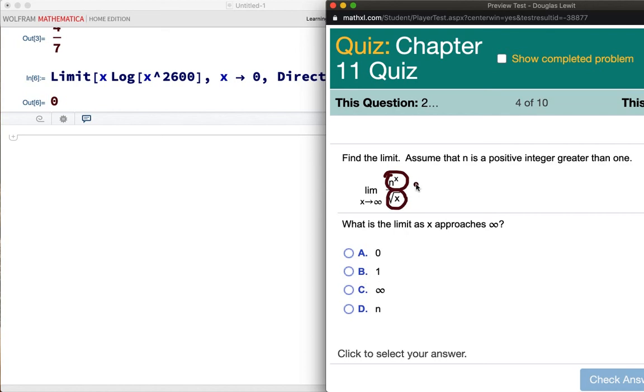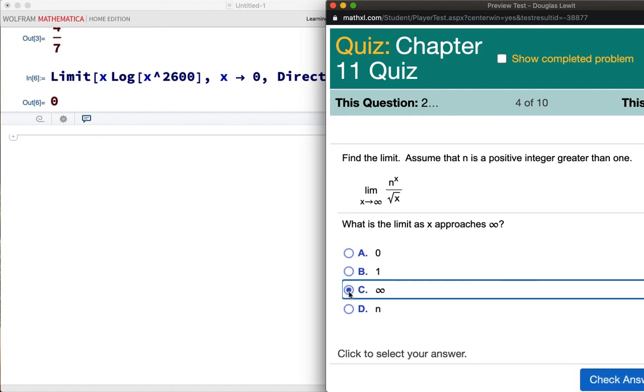Whereas the function in the numerator could be 2 to the power x, 10 to the power x, 100 to the power x. Remember that n is any integer greater than 1. These functions grow extremely fast. So if you have a function in the numerator that grows much, much faster than the function in the denominator, then as x goes to infinity, the entire expression goes to infinity. So the limit at infinity is simply infinity. So the choice should be C.